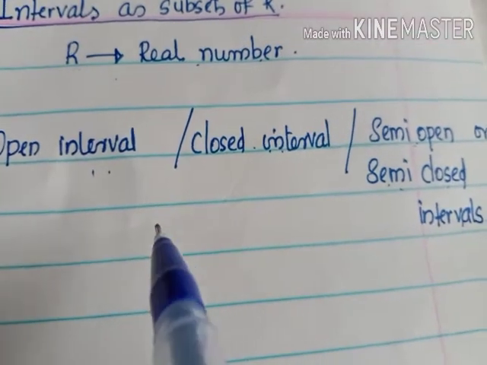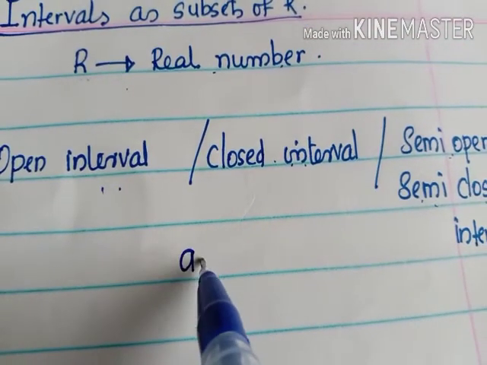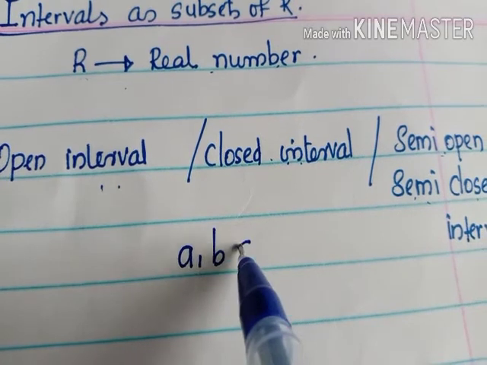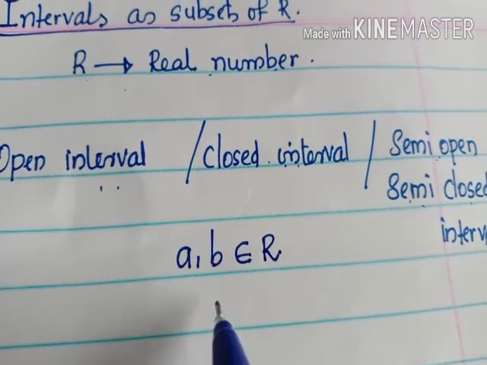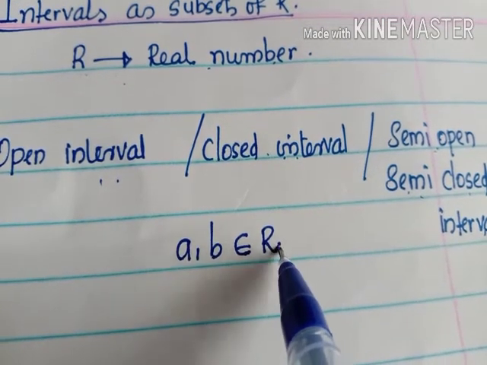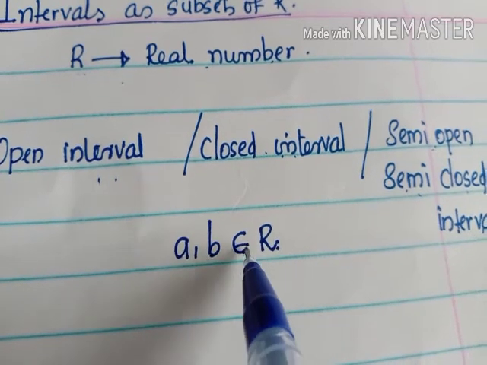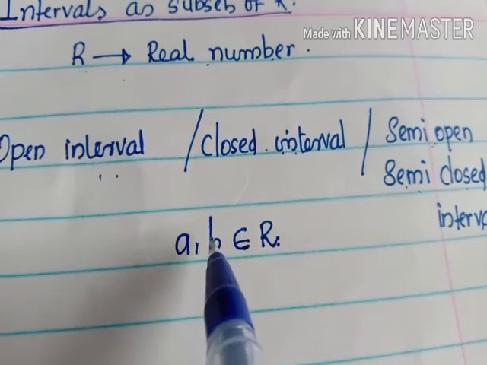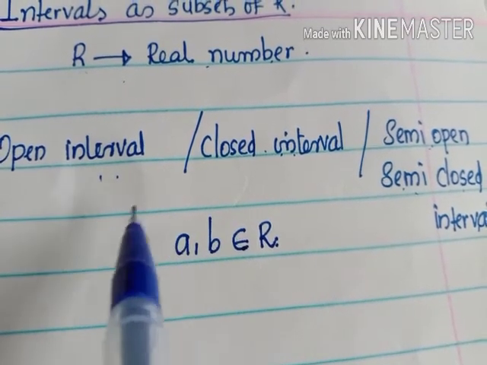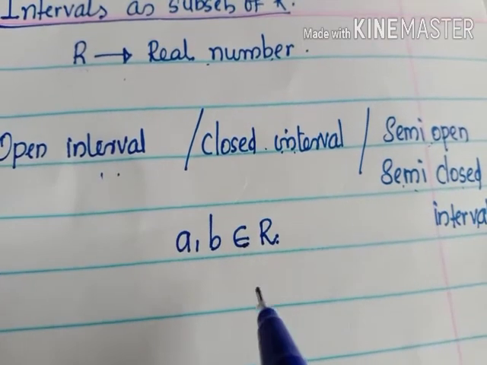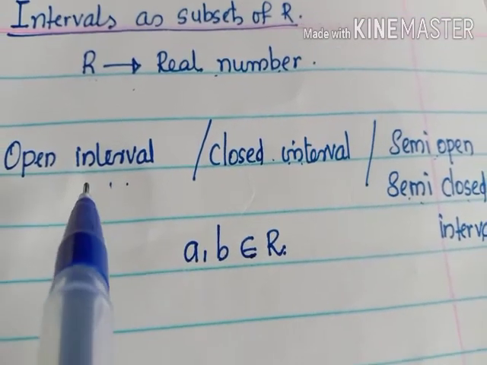So listen, let us take 2 elements or 2 real numbers, A and B. A and B belong to R. Belongs to means is an element of the set R. Then we can express these 2 elements in these 3 interval forms. The first one is the open interval.